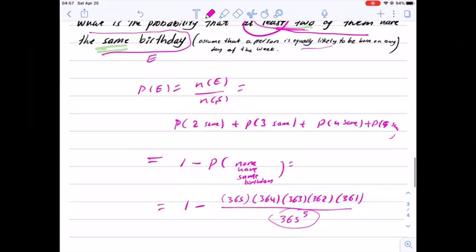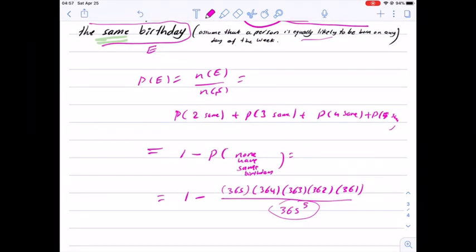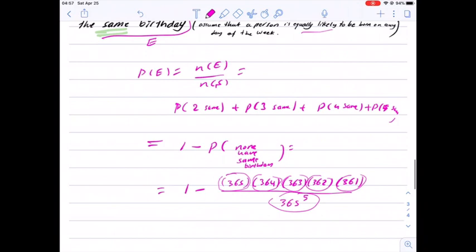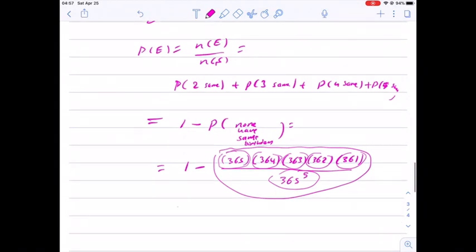But here none of them have the same birthday, so the first one has 365, the second one has 364 because one day is already chosen, the third one has 363, the fourth one 362, and the fifth one has 361. This is the probability of having none of them share the same birthday. Now using a calculator we get 0.027.